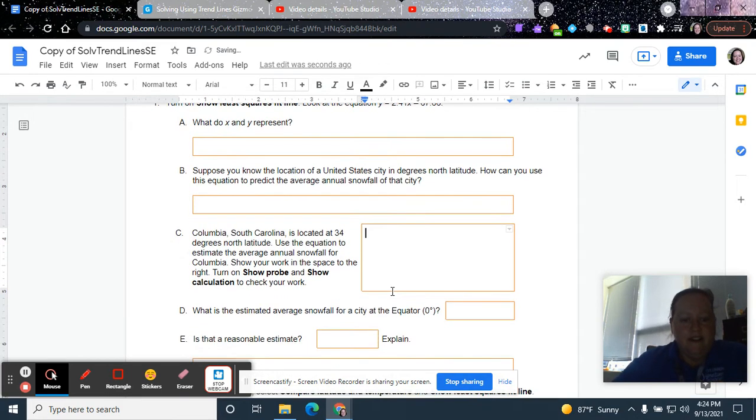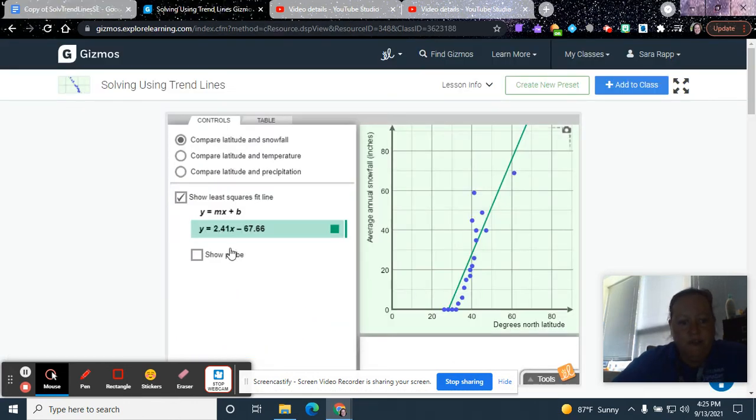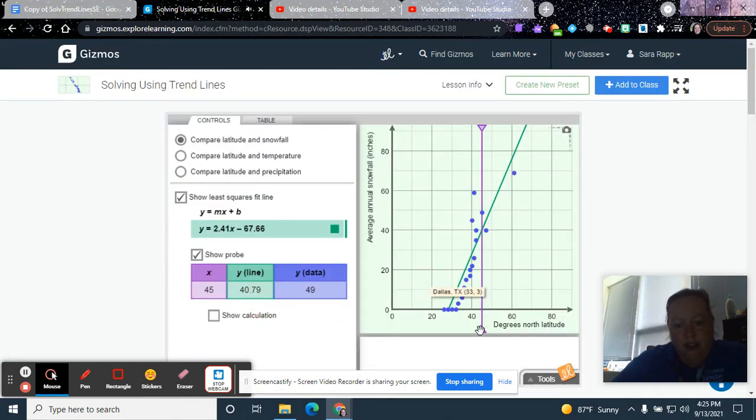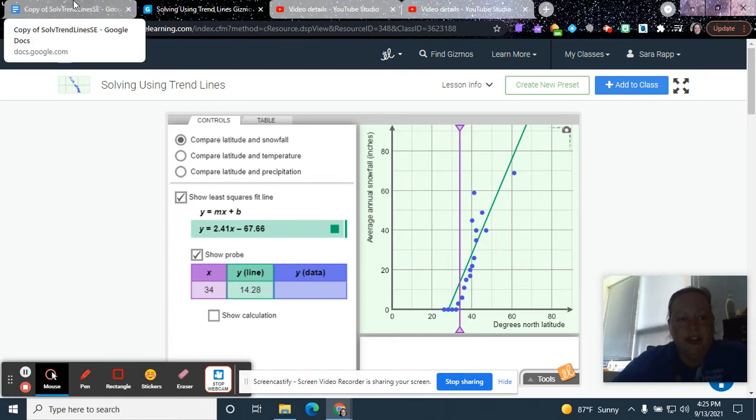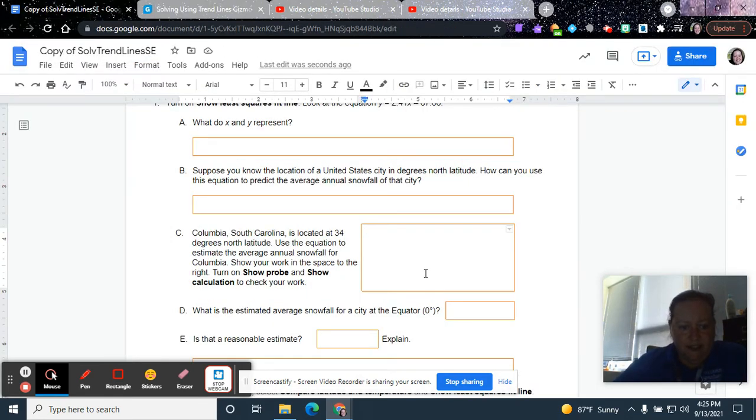And then once you find that answer, you're going to go to show probe, and we're going to check on when X was 34, which is right there. You can tell what I'm looking over here at the X column. So when X is 34, what's Y? So you're going to answer that to see if you got the same answer.